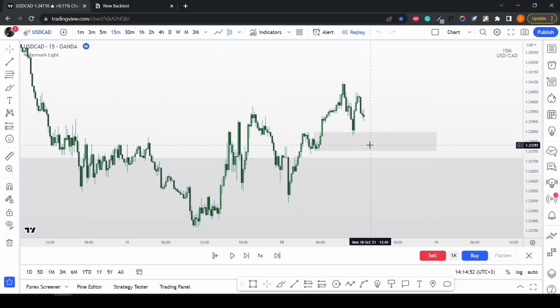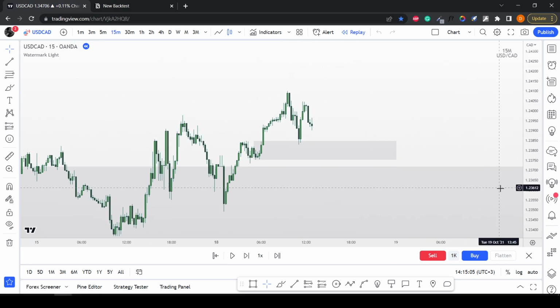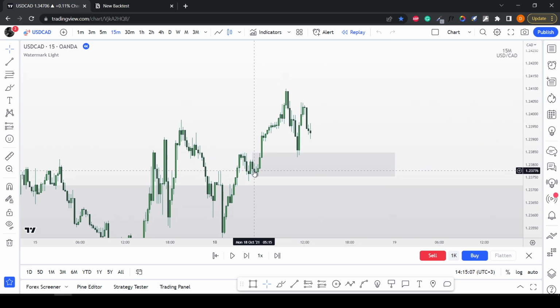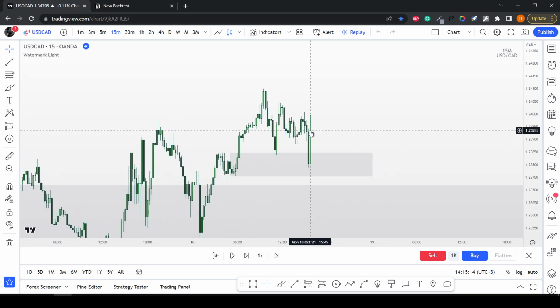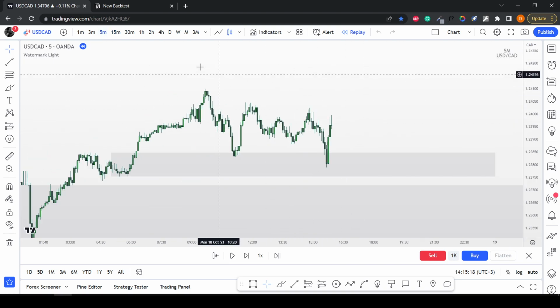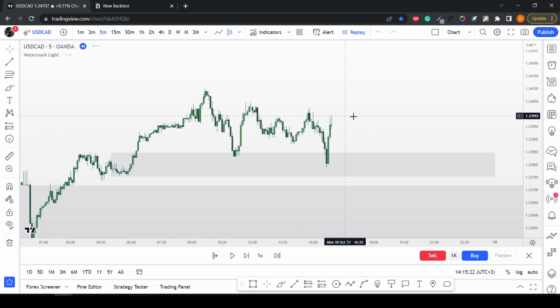So 15 minutes definitely looks like accumulation happened here. So back and forth, moving up, moving down again, grabbing something here, and then moving up from here. The impulse to the upside is not the best quality, but if we tap a bit lower, yeah, we have a tap lower, and now let's see if we will get this move to the upside.